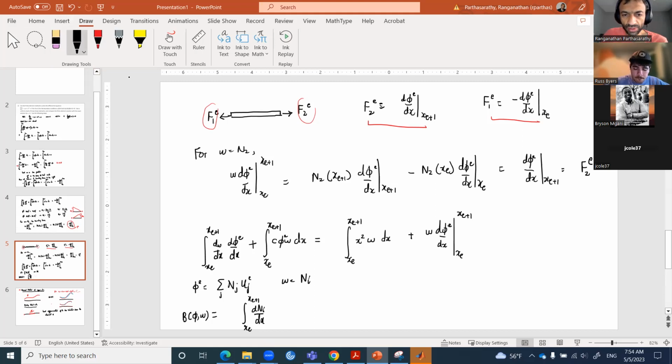Let's take the derivative first. d phi by dx is sigma over j dNj by dx uj, because uj's are constants, plus c times p times w.